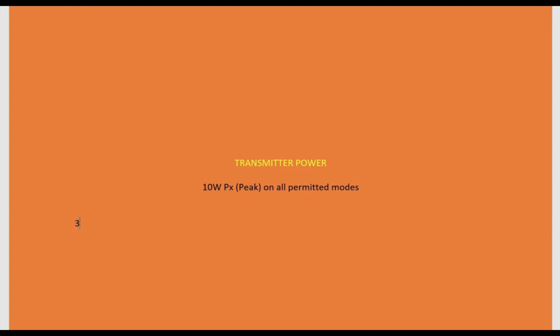But if, say, you had an antenna with a gain of 3 dB, that means the antenna will double the power. And that's called the effective radiated power. So if you have an antenna with a gain of 3 dB, the effective radiated power would be 20 watts peak, because 3 dB is a doubling of power.